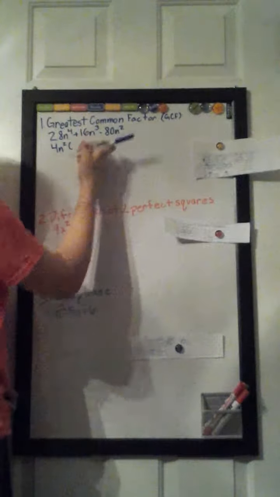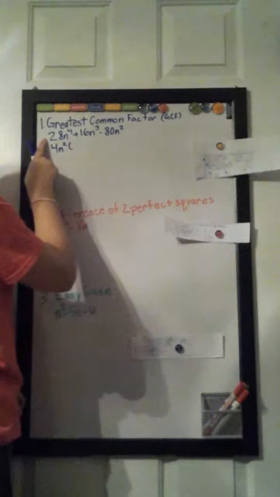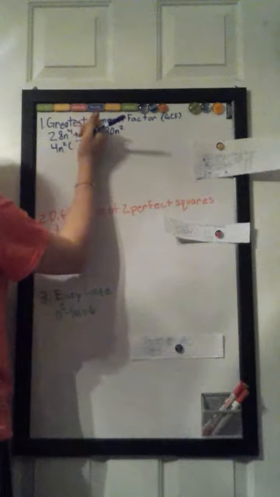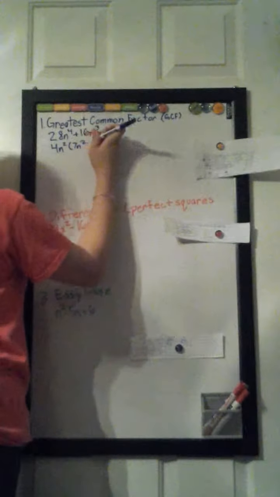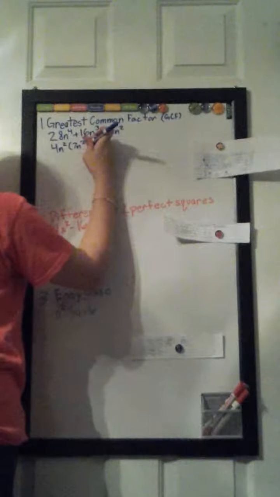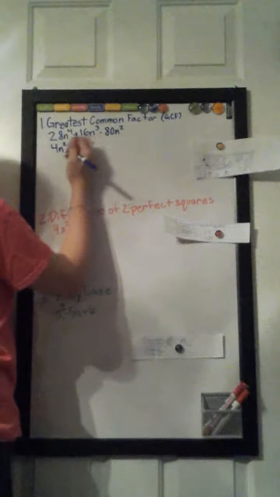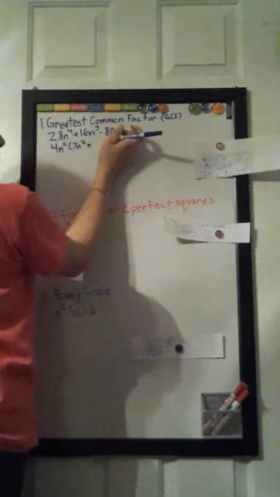You can do a parenthesis. 28n to the fourth divided by 4n squared gives you 7n squared. Bring the positive sign down. Then 16n to the third divided by 4n squared gives you 4n.